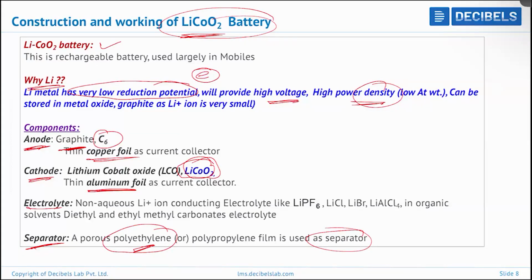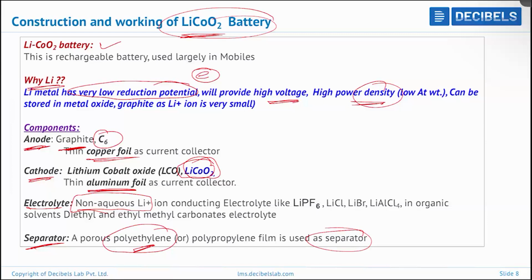In a lithium-ion battery, we generally use non-aqueous electrolytes, meaning free from moisture or water. Water-based electrolytes are not recommended because lithium reacts violently with water.